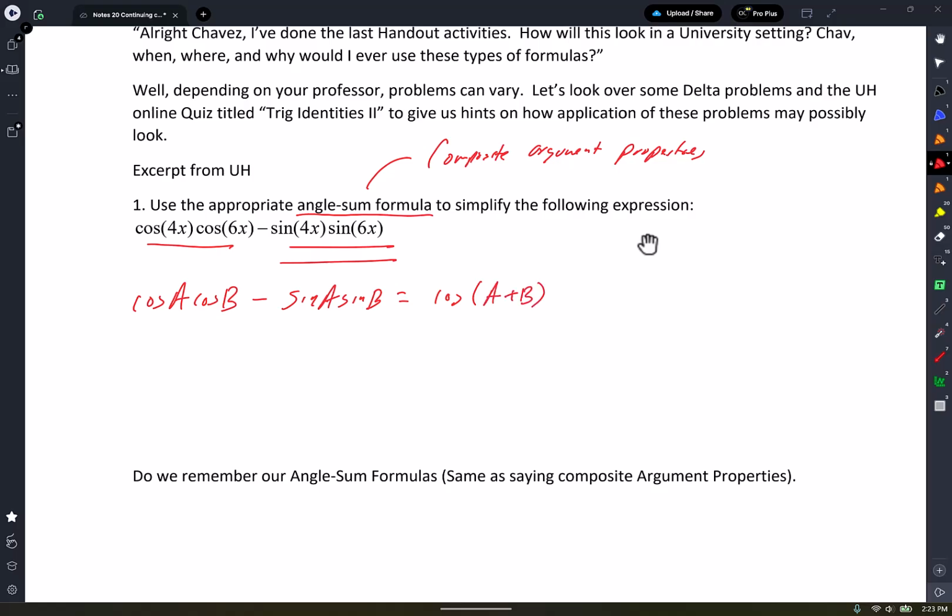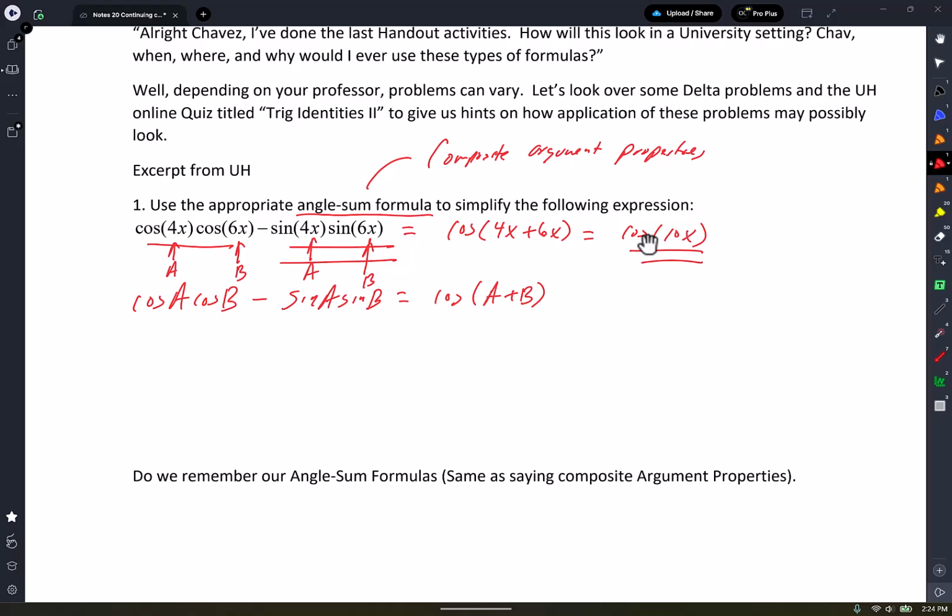So the A in this case is a 4x, and the B in this case is a 6x. So I can rewrite this as one singular cosine, where the A is 4x and the B is 6x. And what's 4x plus 6x? So this is the same thing as saying cosine 10x.